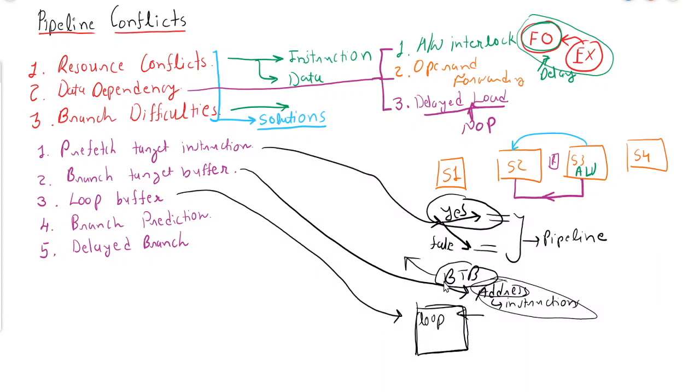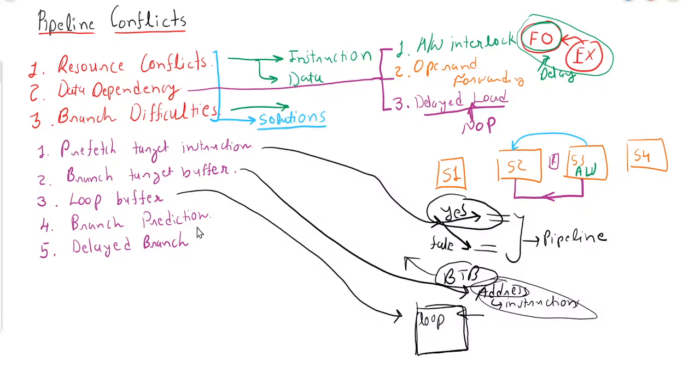Whenever there is a need to execute that loop, without accessing memory, the loop will be directly read from this loop buffer. This saves time, and the program loop can be executed directly without accessing memory until the loop is removed by the final branching out. So this is how the loop buffer works.